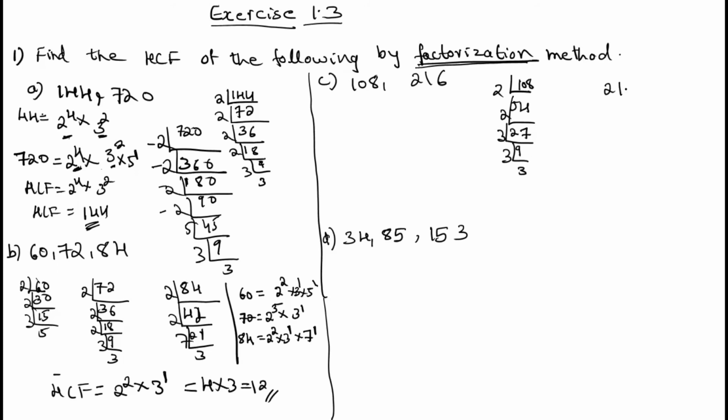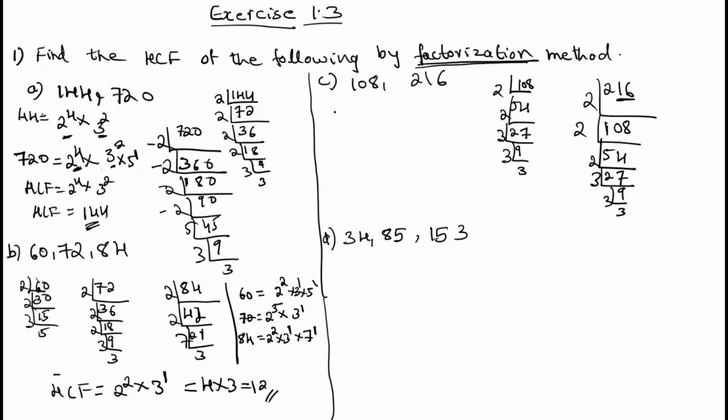Next is 216. 2 108s are 216, 2 54s are 108, 2 27s are 54, then same 3 9s are 27, 3 3s are 9.